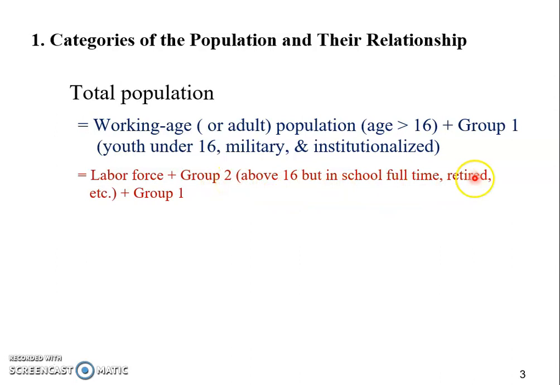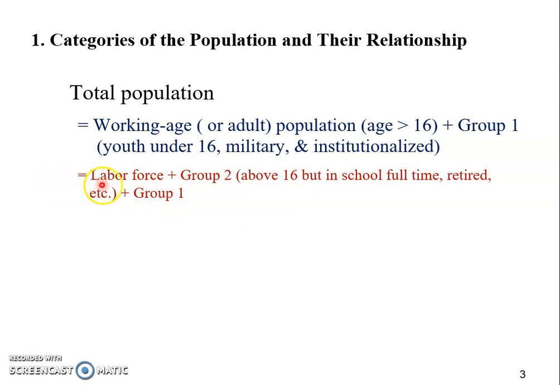So these people are in the working age population, but they are not supposed to work either. They're in group 2, and what's left over is going to be put into this group called labor force. So this is the second layer of the breakdown.